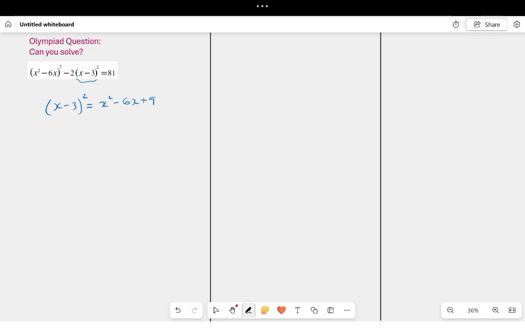Okay, so you might wonder, how did I just do it so easily? In the past, we have learned how to expand binomials, and one of the most popular ones is (a minus b) squared, and we know it's simply equal to a squared minus 2ab plus b squared, right?